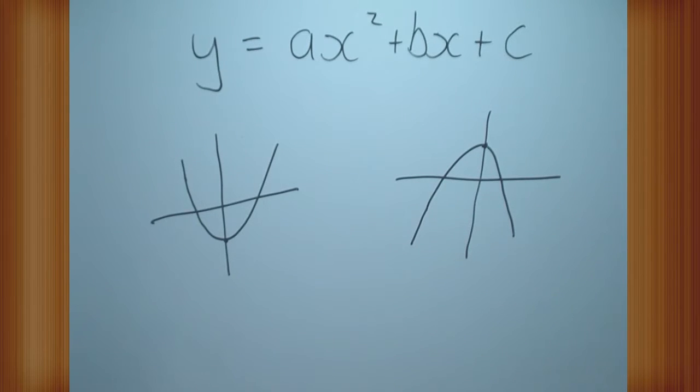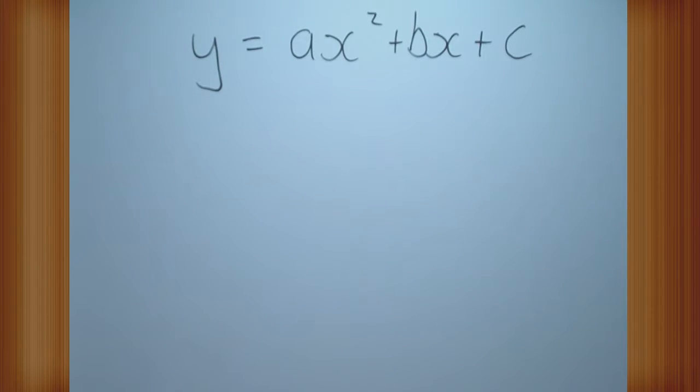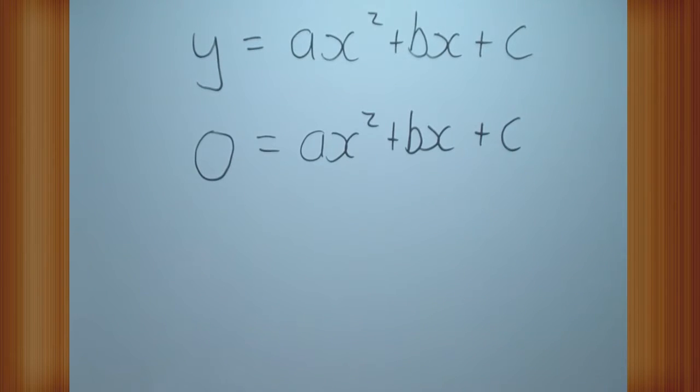Now, to graph this parabola, we are going to need to know the y-intercept, which we already have, the x-intercepts, and the turning point. With this information, we will be able to graph it. So first let's find the x-intercepts. To find the x-intercepts of a function, we need to make y 0. So from this equation we have 0 is equal to ax squared plus bx plus c.